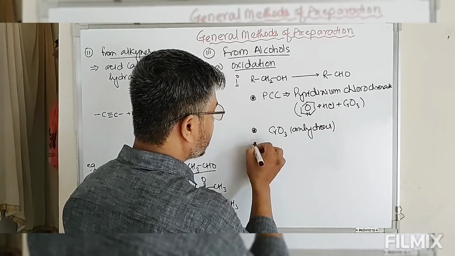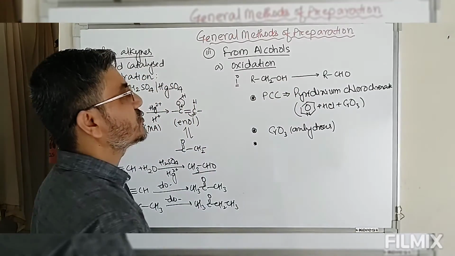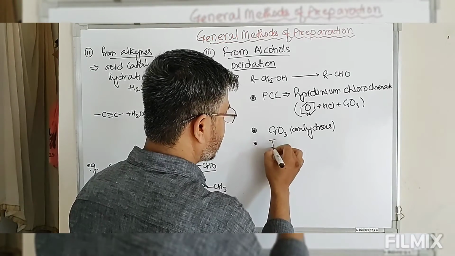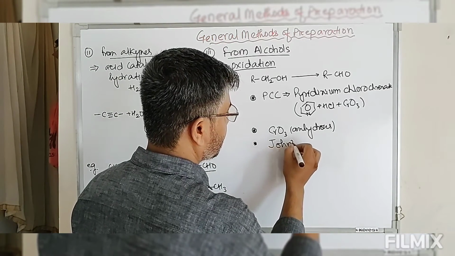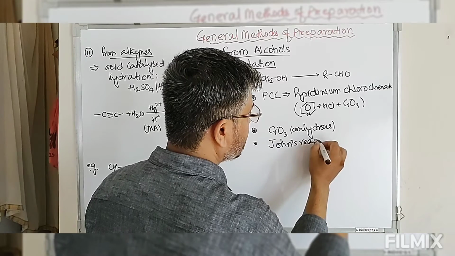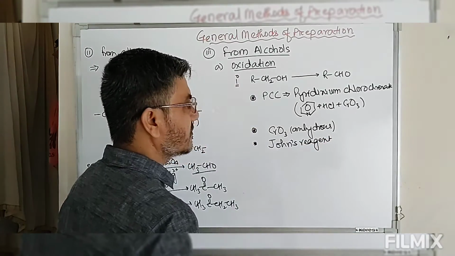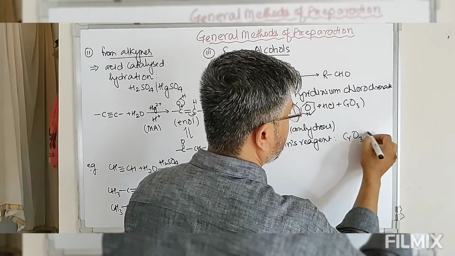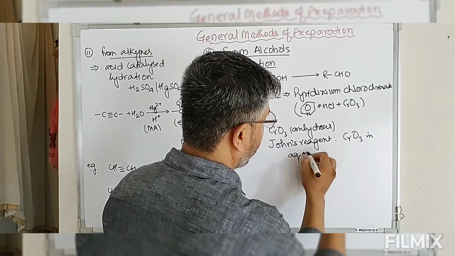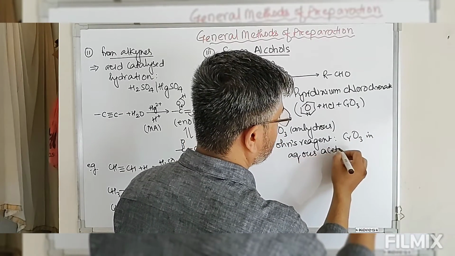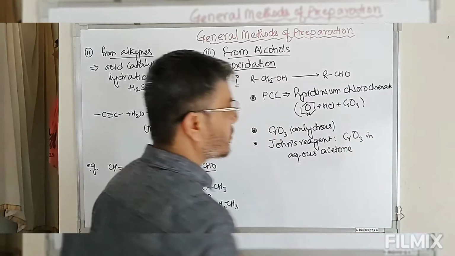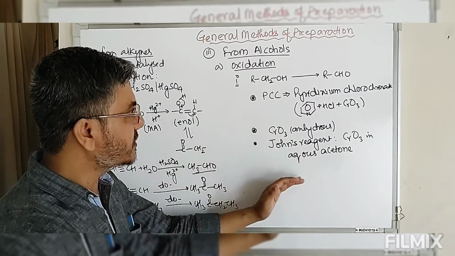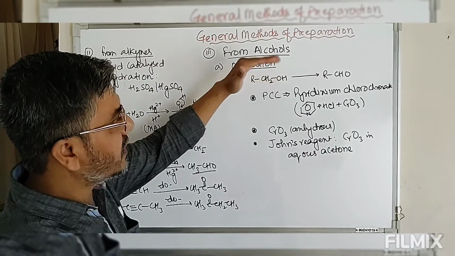The next reagent that could be used for conversion of these primary alcohols to aldehyde is Jones reagent. So Jones reagent is chromic trioxide in aqueous acetone, a mild oxidizing agent which oxidizes these primary alcohols to give you aldehyde.